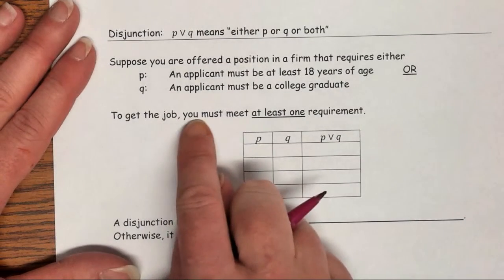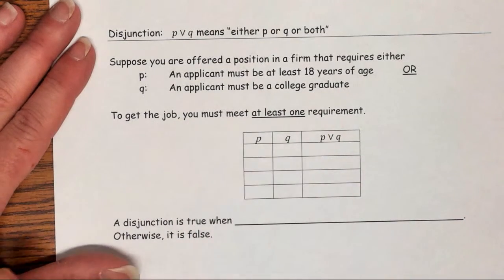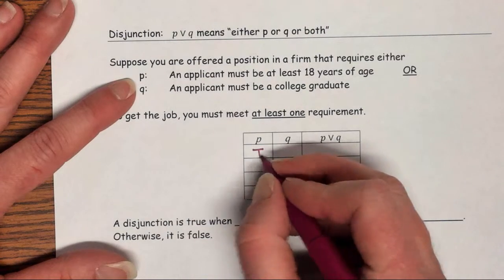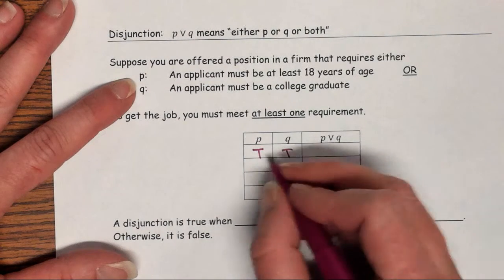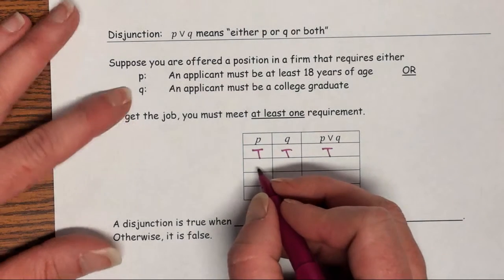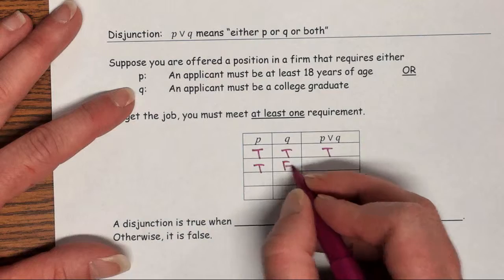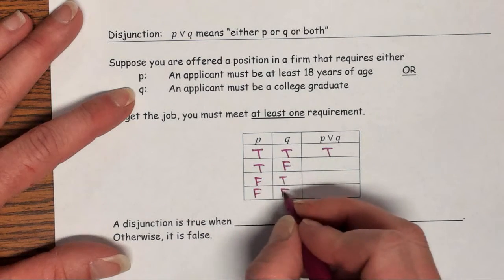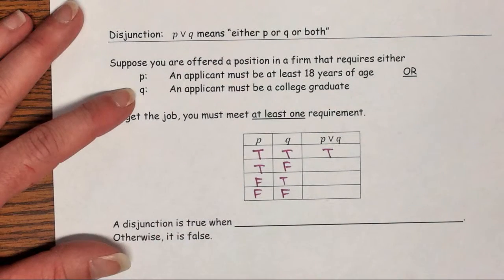So if they said you must meet at least one requirement, then would you get the job if you were 18 and a college graduate? Both truths. Of course you would. So we're going to list out those same options that were up top. I'll just go ahead and fill those in.